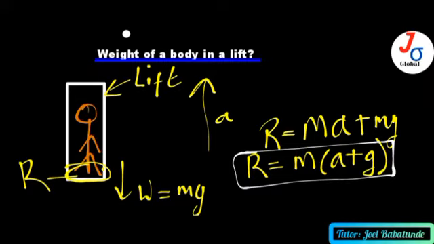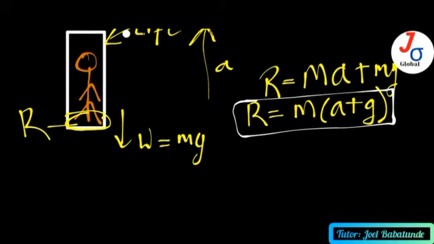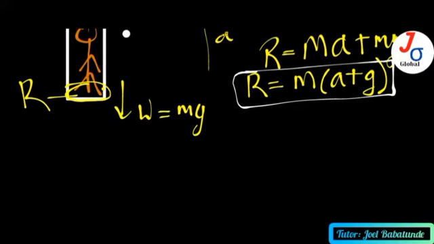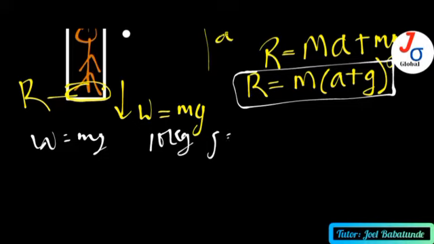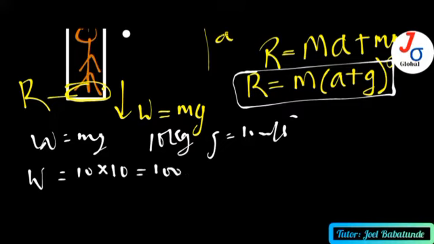Let me give you an example. Remember that in the first case we said that when the lift is at rest, W equals mg, right? So let's say the guy is 10 kg and the acceleration due to gravity is 10 meters per second squared. So the weight when it's at rest is 10 times 10, and that's 100 newtons.